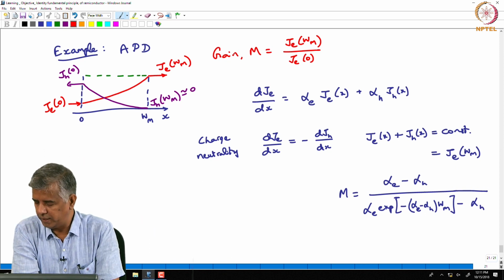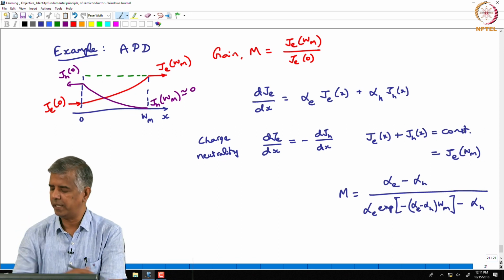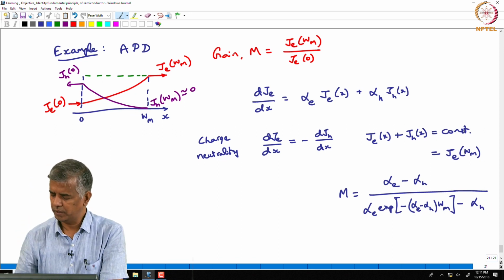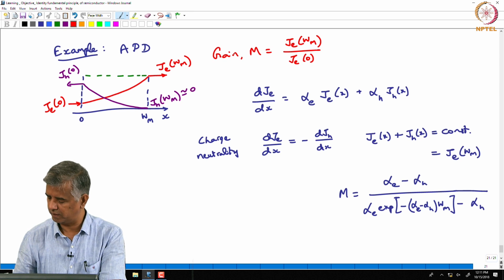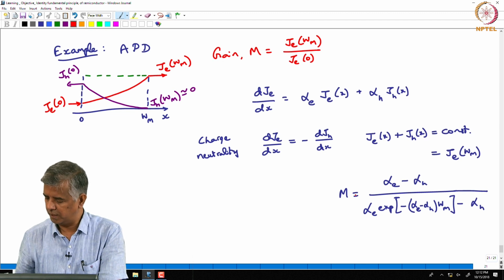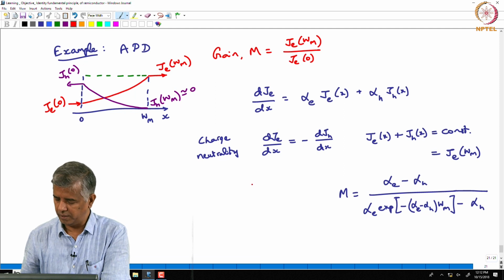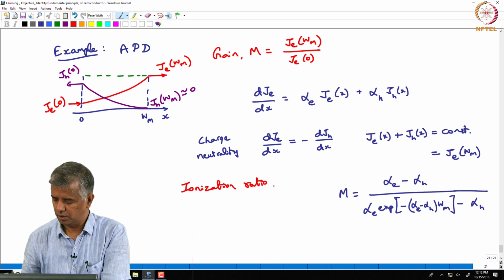We said we could go through some rate equation, solve it, and finally get to an expression, given in the bottom right portion of your screen, where M is given in terms of alpha e and alpha h. At this point you can define a quantity known as the ionization ratio.